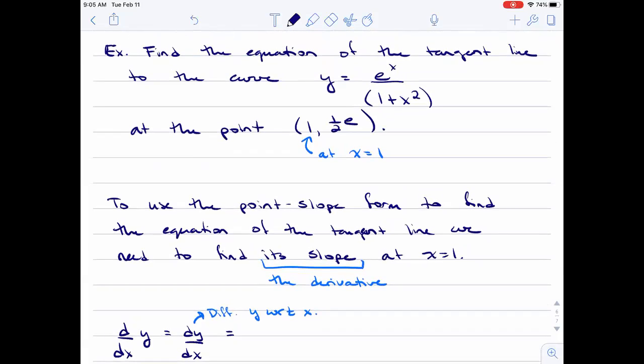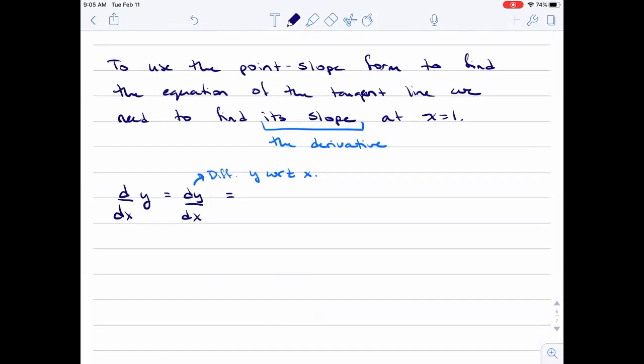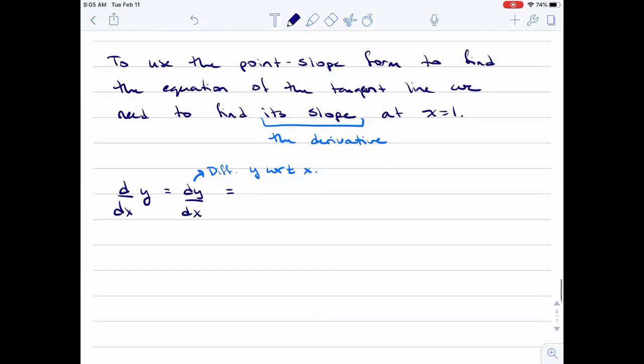Of course, our f is e to the x and our g is 1 plus x squared. And so now if I want to have g as the first one out in front, g is 1 plus x squared. And then I want d dx of e to the x, which we know is just e to the x, minus, and then f held steady is e to the x times d dx of 1 plus x squared, right?